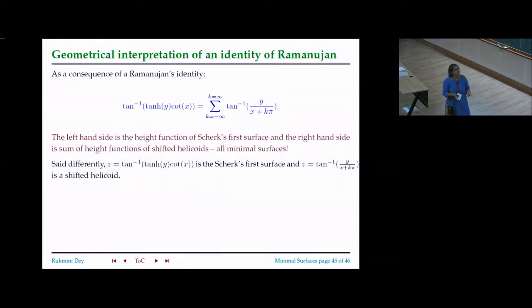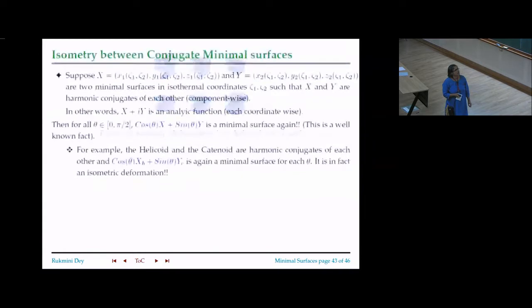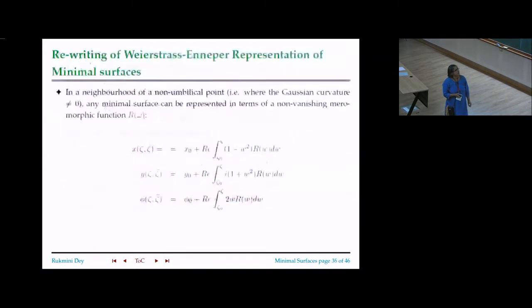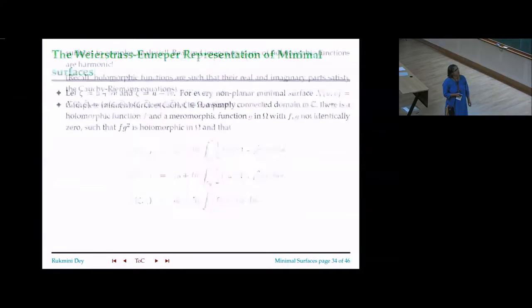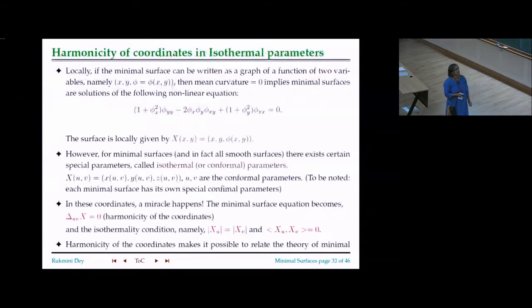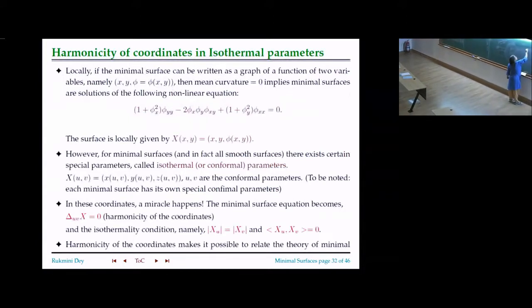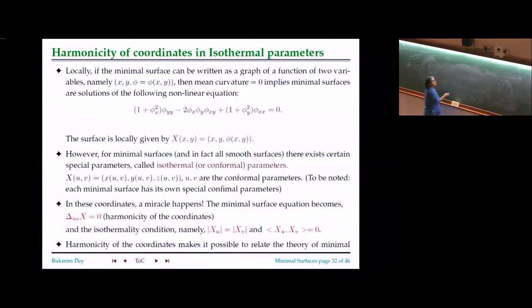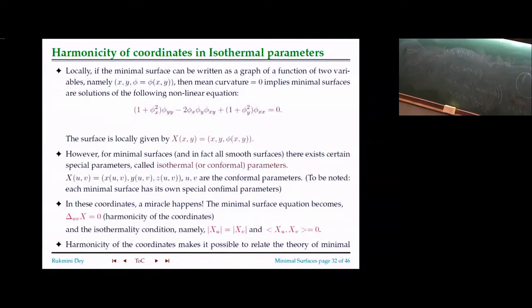But the minimal surface equation, I just wanted to show you just the minimal surface equation, the mean curvature zero equation. See? So if you write it as x, y, phi of xy, the z coordinate is phi of xy, then it actually satisfies this very highly nonlinear equation.